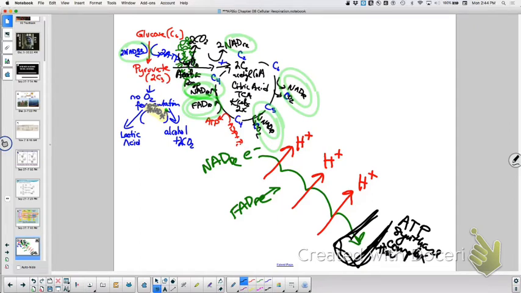Hashtag awkward. Okay, so then the hydrogen ions want to come back in and you make some ATP. Since FAD comes in a little bit lower, it only catches the last two, where if you come in from the top, you catch all three.